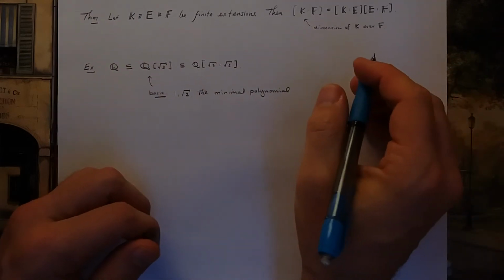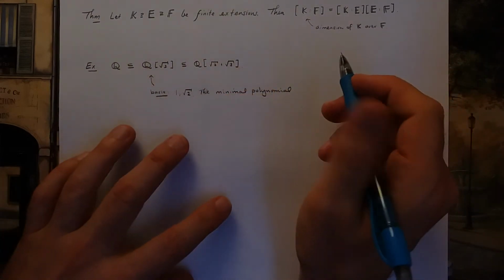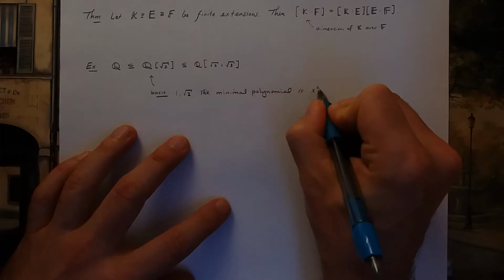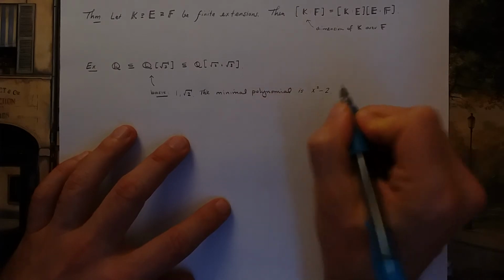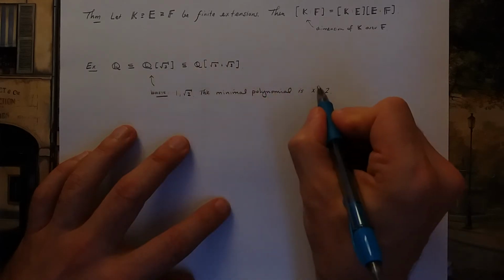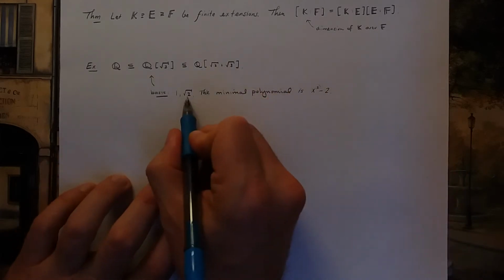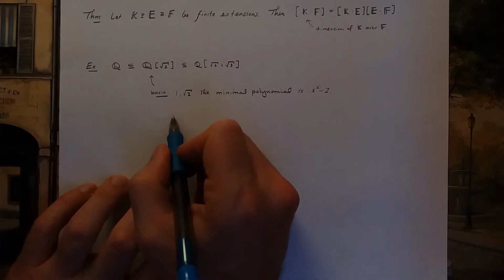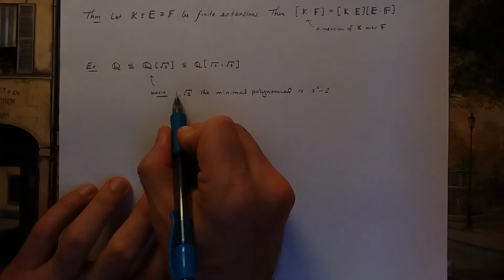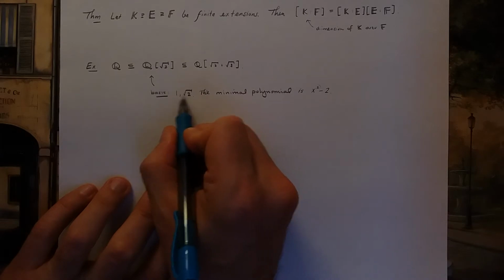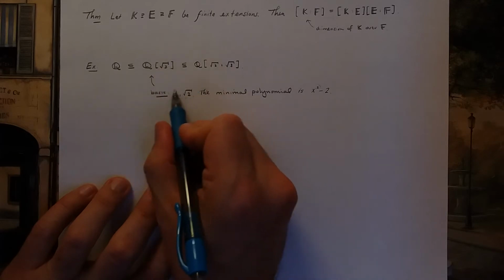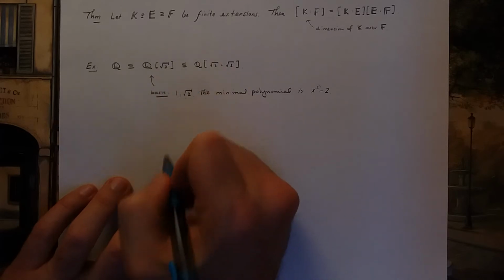So the minimal polynomial is x squared minus 2. There's a polynomial with rational coefficients, degree 2, that has root square root of 2. So this is really a vector space. The basis is 1 and square root of 2. Every element in this field is a linear combination of these two basis vectors.